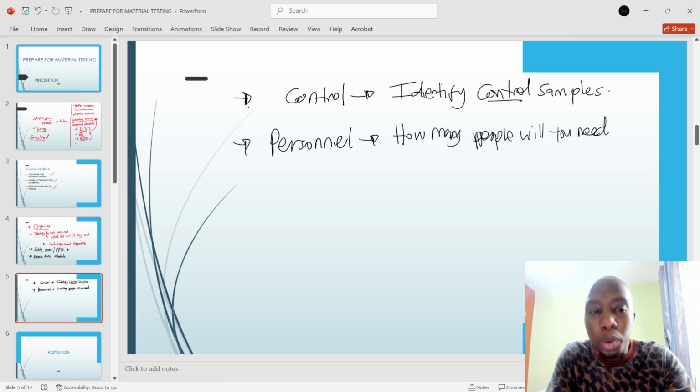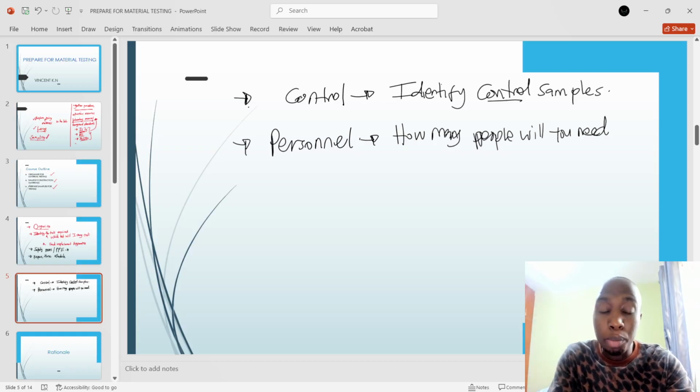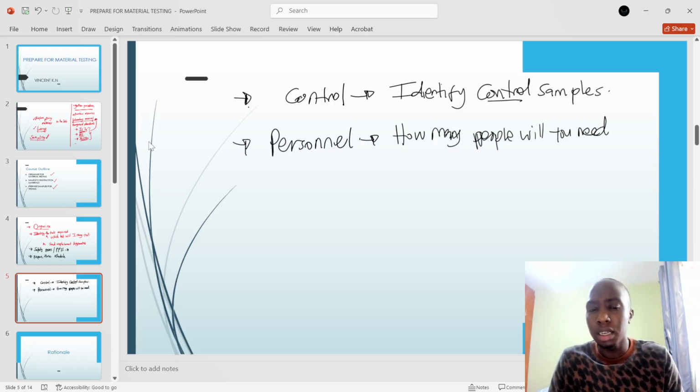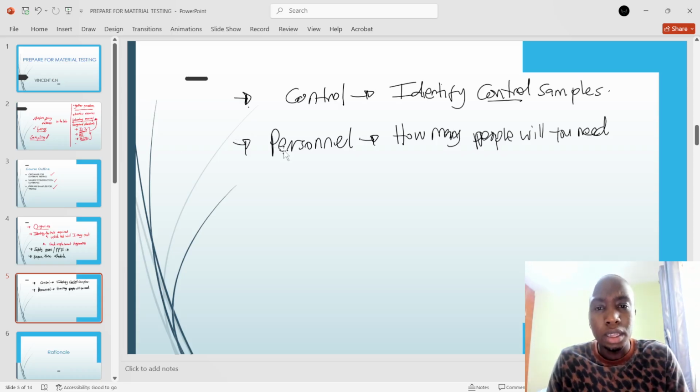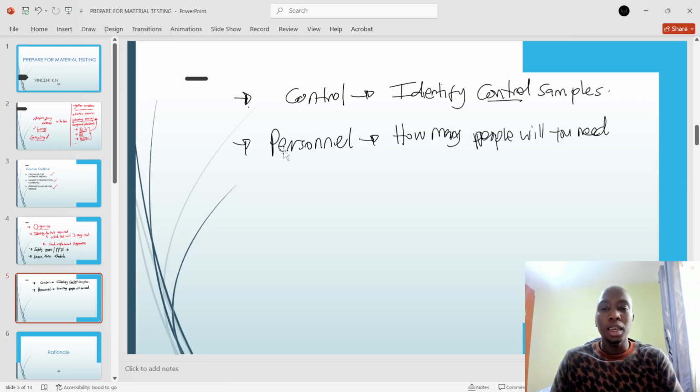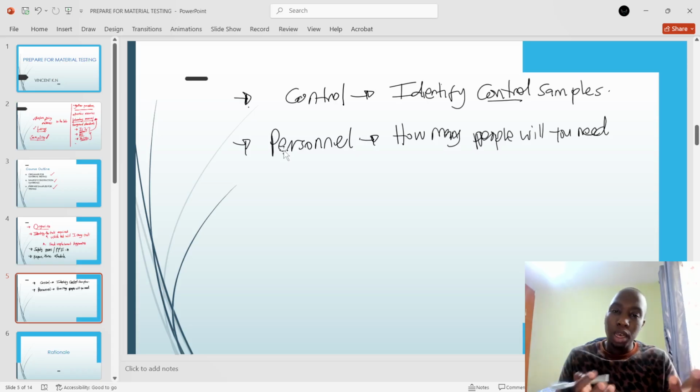How many people will you need to do that particular test? Is it a test that can be done by one person, that needs 2 people, that needs 3 people? There are some specific tests that will require more people, maybe because you need someone to carry this, you need someone to hold this.